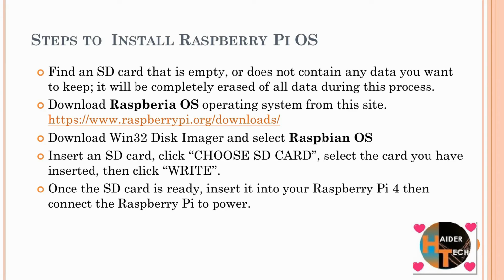Once you click Write, it starts writing the Raspbian OS on the SD card. Once the SD card is ready, insert it into your Raspberry Pi, then connect the Raspberry Pi to power, and it will show you the output. It means the installation is complete.